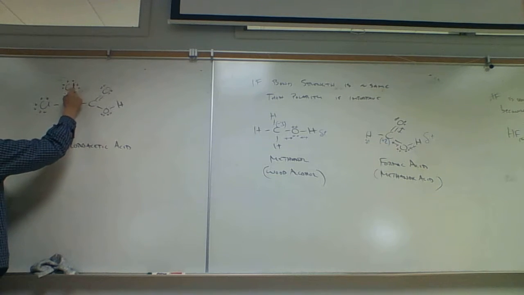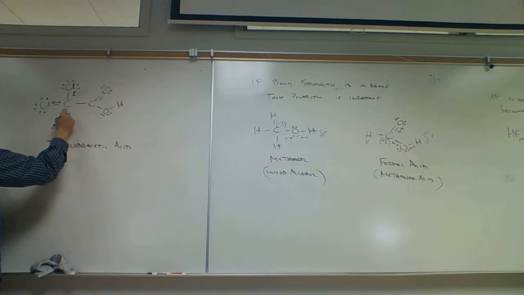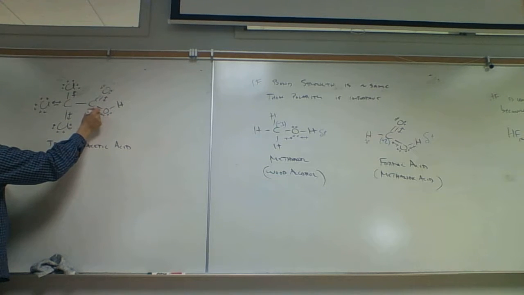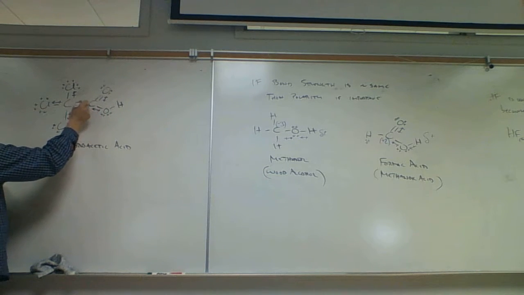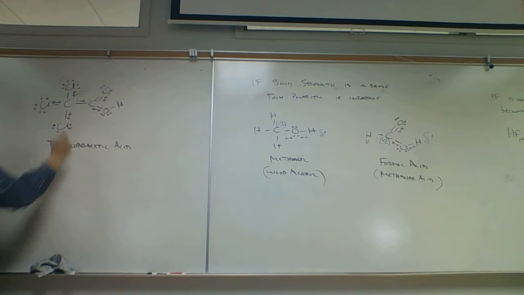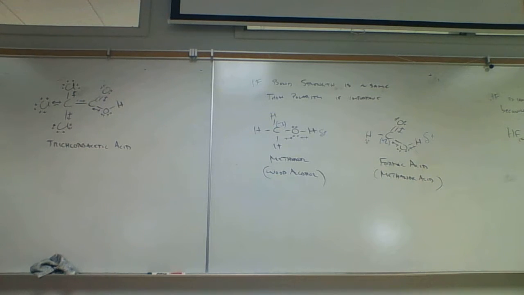So for example, here we got all this pulling of electron density, or the electron cloud, away from this carbon. And then we have this, right? And then we have this. Which way is it going to go? Which way? Figure it out. We can figure it out based on the charges. Let's take a look at the oxidation state, because this one might be more tricky. What's the oxidation state on this carbon here?